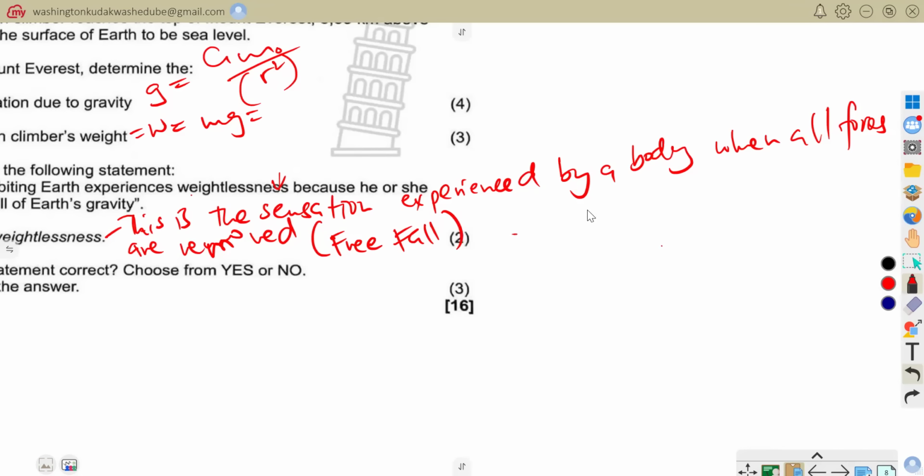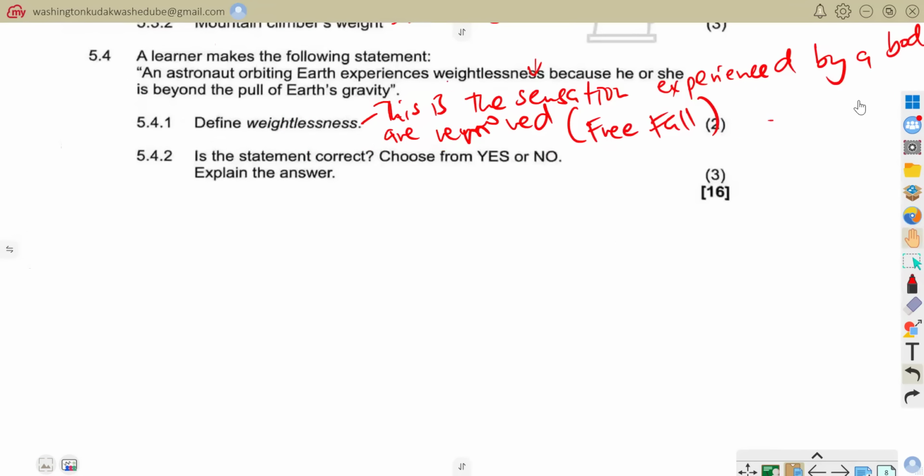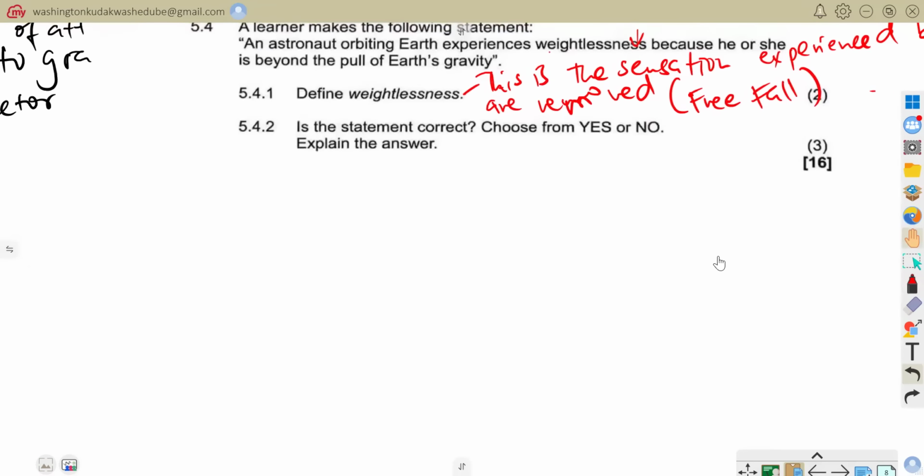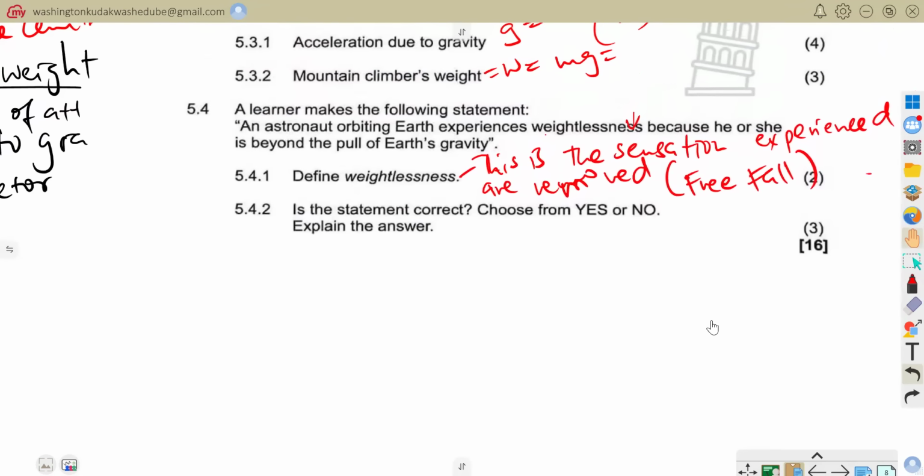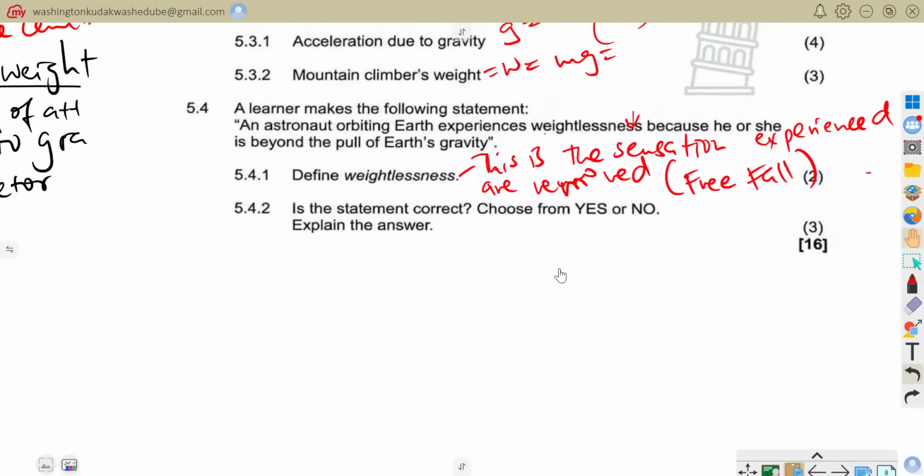So that is how we can define weightlessness. That sensation that is felt by a body due to the fact that we have removed all the forces. There is no force of attraction, pull or push acting upon it.